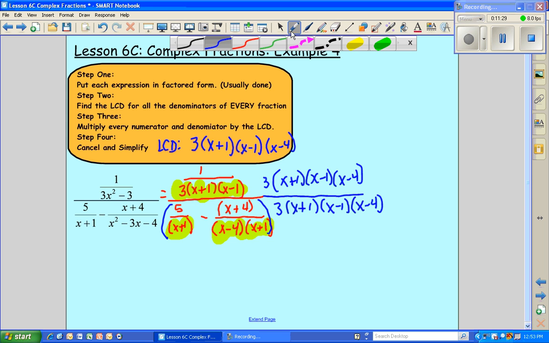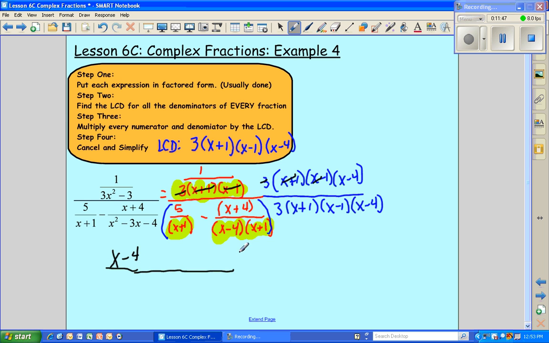All right, so our 3's are going to cancel out, our x plus 1's are going to cancel out, our x minus 1's are going to cancel out, and that's going to leave us with an x minus 4 in the numerator. With this first one, when we multiply this 5 over x plus 1 with this 3, x plus 1, x minus 1, x minus 4, the x plus 1's are going to cancel out, and you're going to have 5 times 3 times x minus 1 times x minus 4.